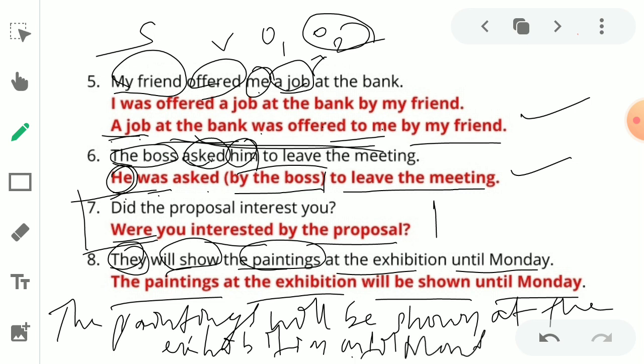So this is the way you can write. Once again, I'll read it out because you can't see my handwriting. The paintings will be shown at the exhibition until Monday. Got it?